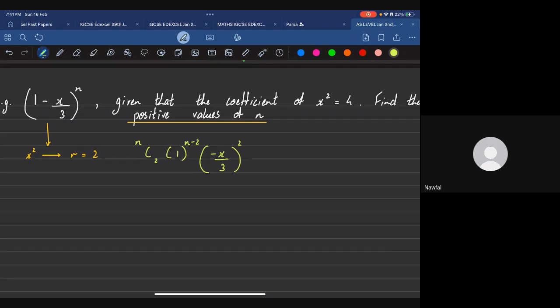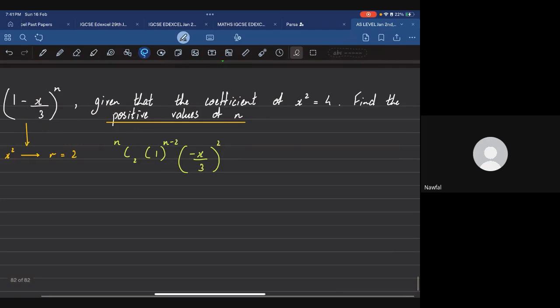And this is equal to, we already know this as well, 4x squared. This is what the question is telling us so far.